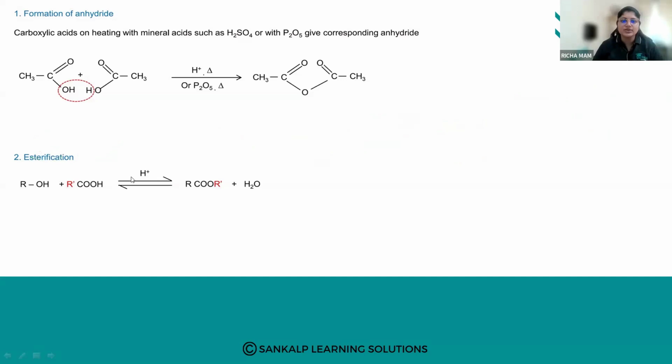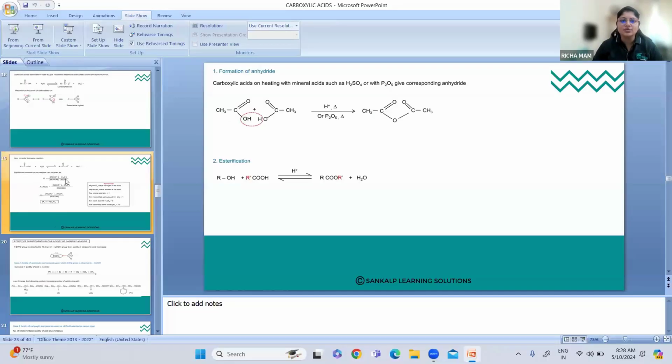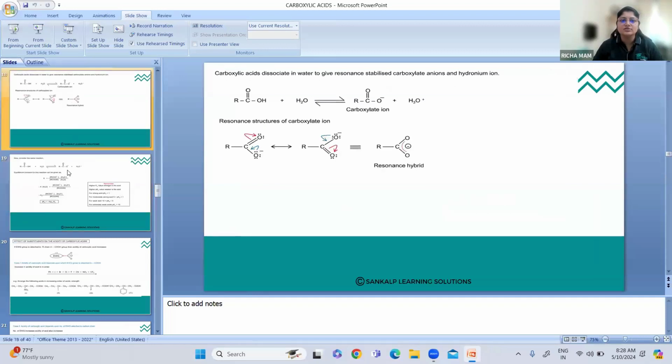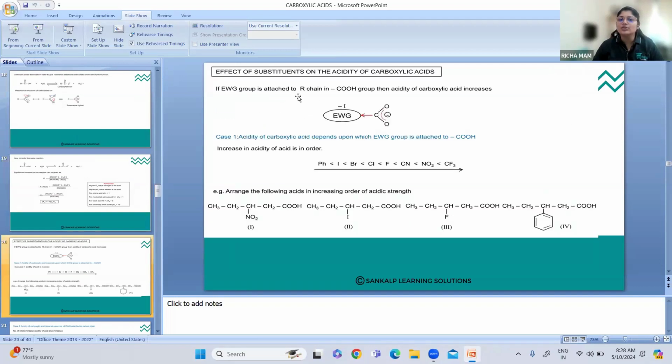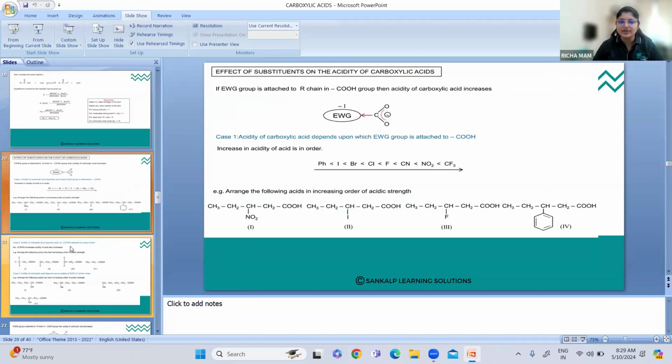So in today's class, what all things have we discussed? We have discussed the effect of substituents: how, if there is an electron withdrawing group, what happens, and the different cases based on electron withdrawing groups.